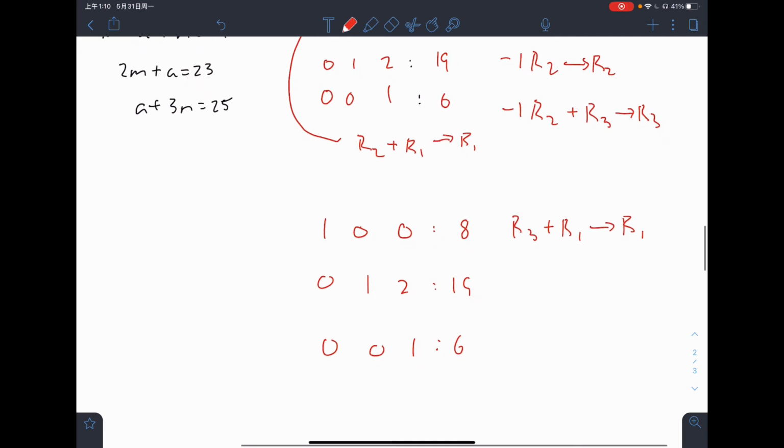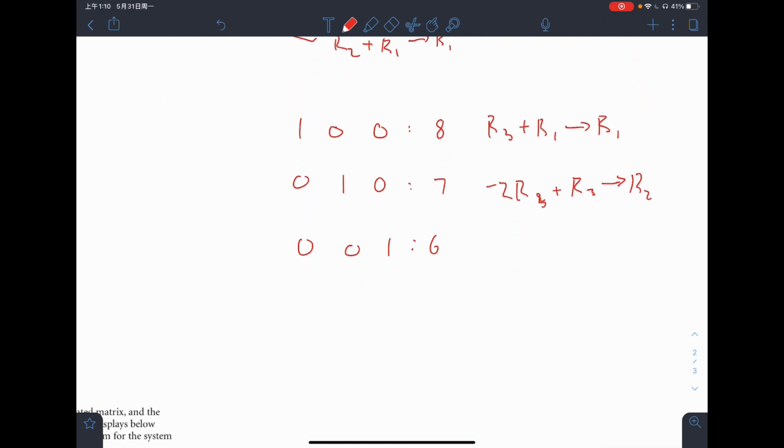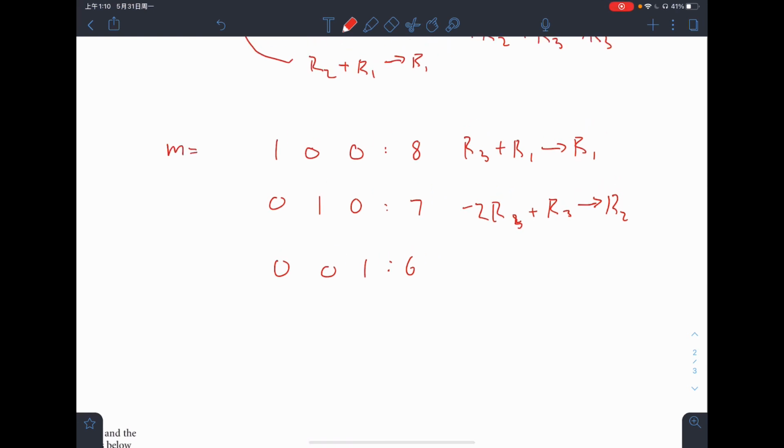And then for row 2, change the entry to 0, and you're going to use -2 R3 plus R2 into R2, and it would become 0, 1, 0, and 7. And now the matrix is in reduced row echelon form, which means M is equal to 8, A is equal to 7, and N is equal to 6.